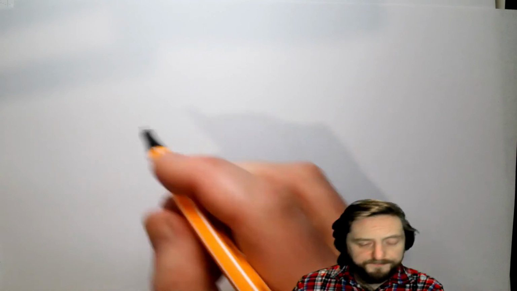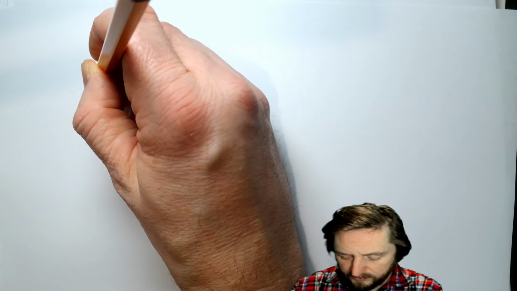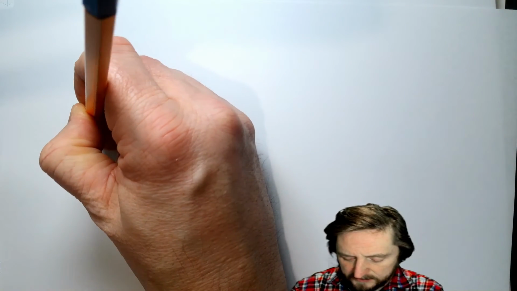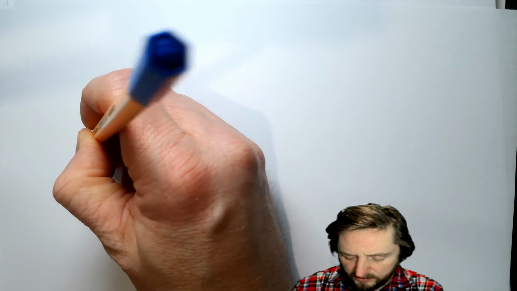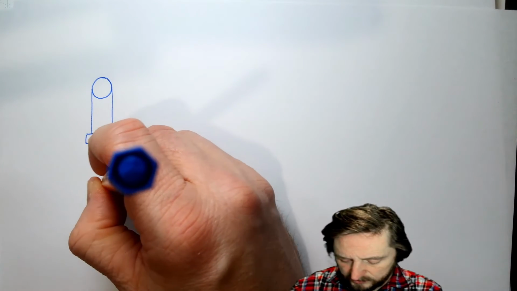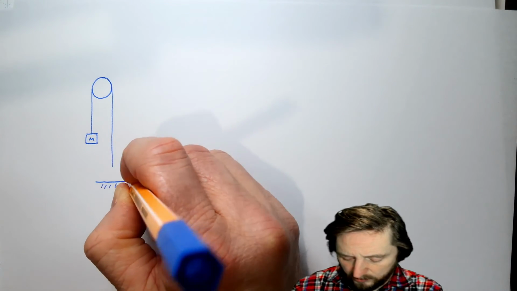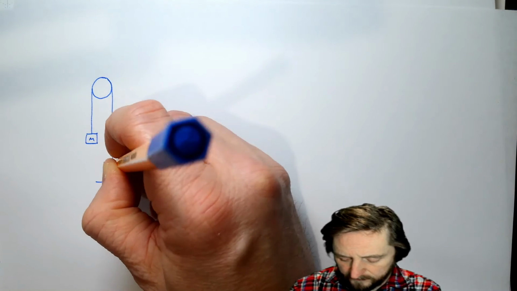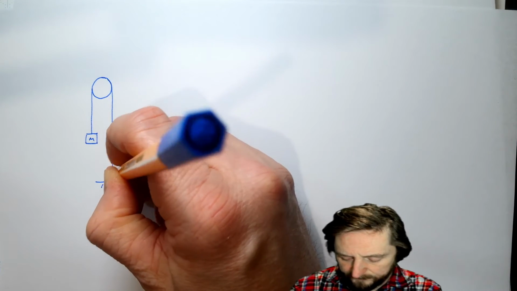So let's look at, for example, a simple pulley like we just had, and there is a mass on one end of the pulley, and then it goes over the other side, and you are trying to pull this thing up using the strength of your own body.